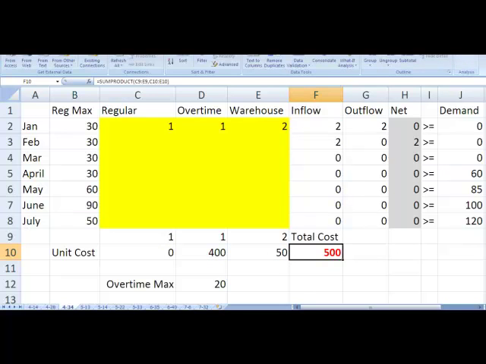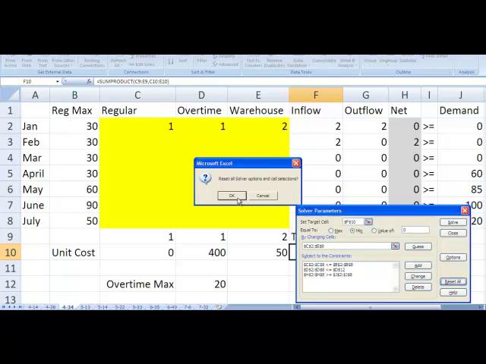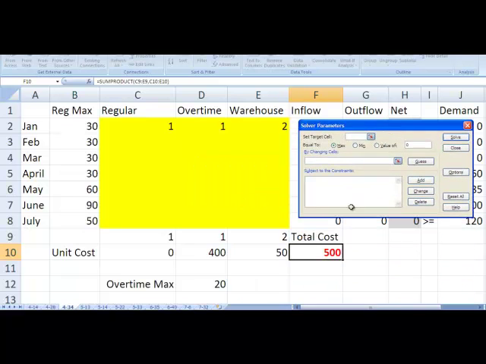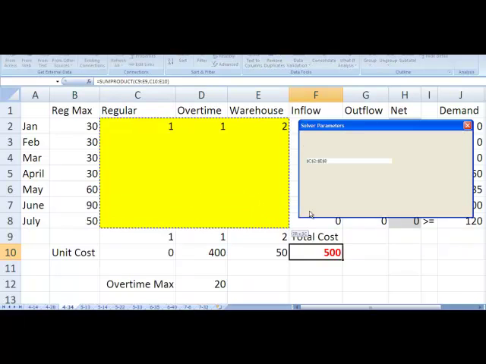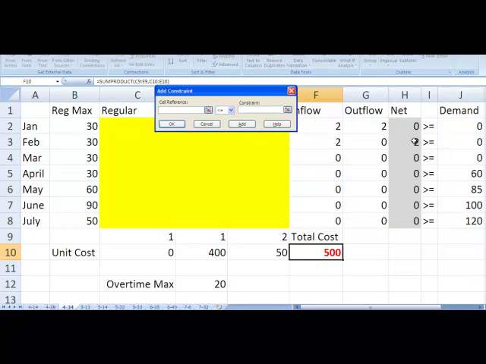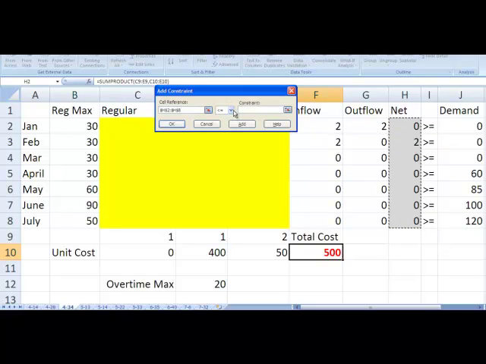Now let's bring Solver up. Reset all. Target cell will be my total cost. I want to minimize that. Changing cells will be my decision variables. Constraints. Balance of flow, the left-hand side, needs to be greater than or equal to the production goals for each period.